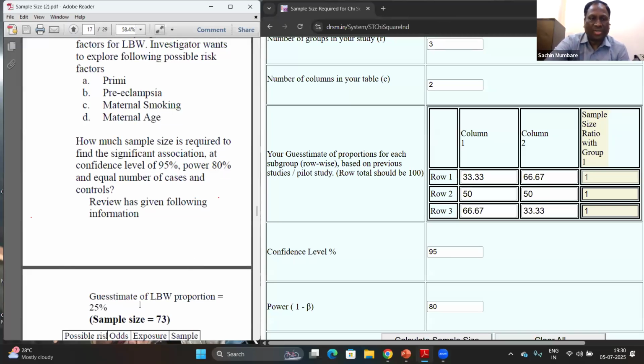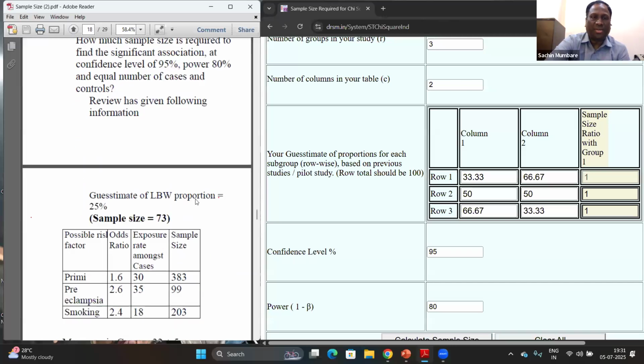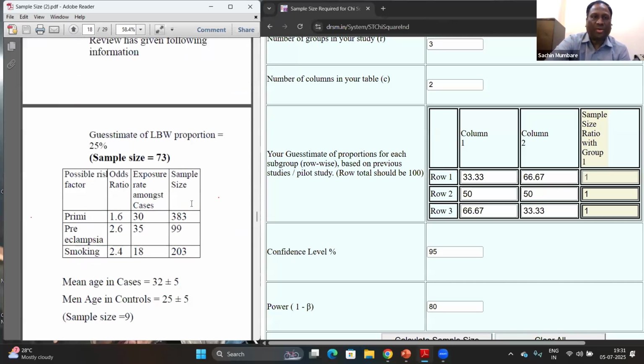The first information from the review is the guesstimate of LBW proportion, which is 25%, required to calculate the sample size for estimating the proportion. And for each one of the possible risk factors, the odds ratio and exposure rate amongst controls is given.